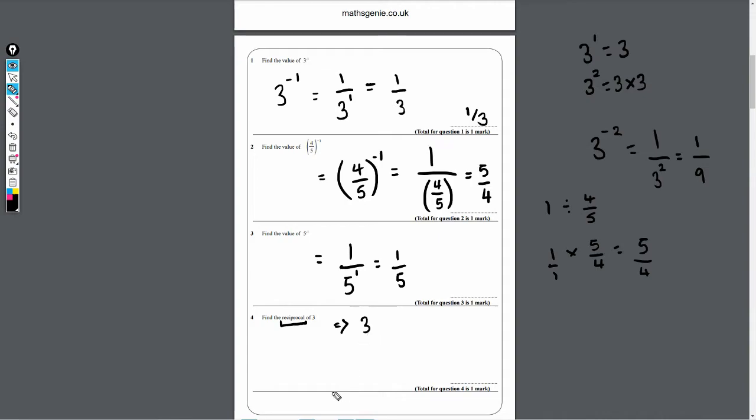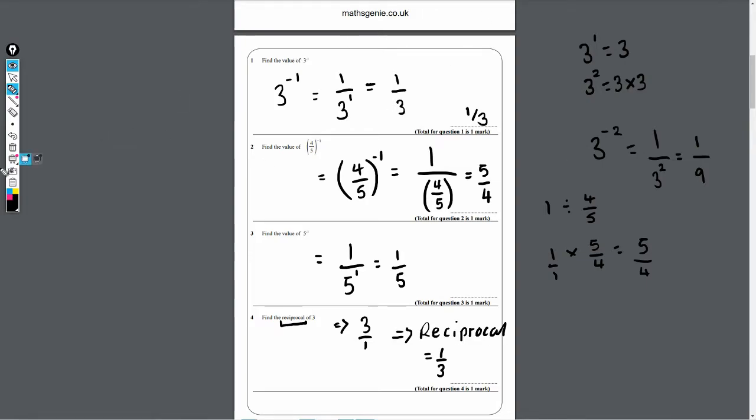We're mathematicians, we're just lazy. We don't write it, but underneath that there's actually a 1. So the reciprocal of 3 is actually just a third, just like we had in part A on question 1. Okay, so that's the first 4 questions done.